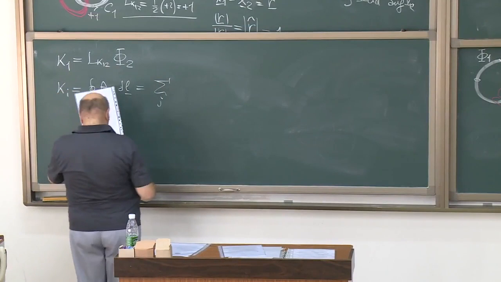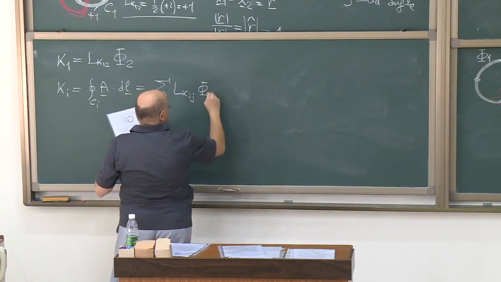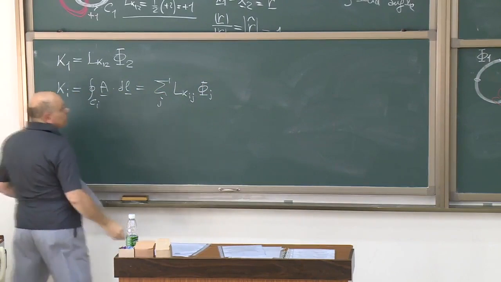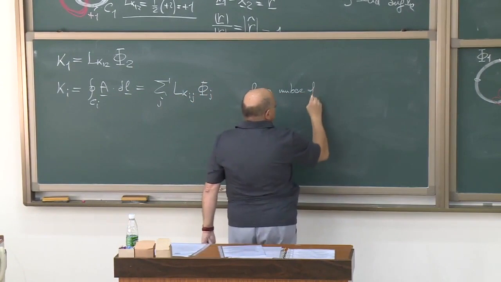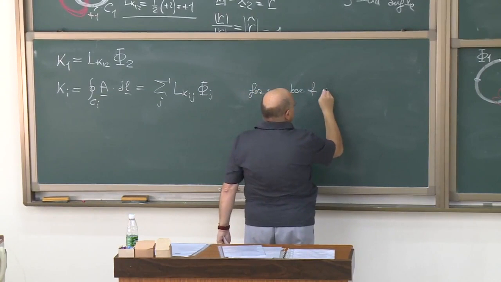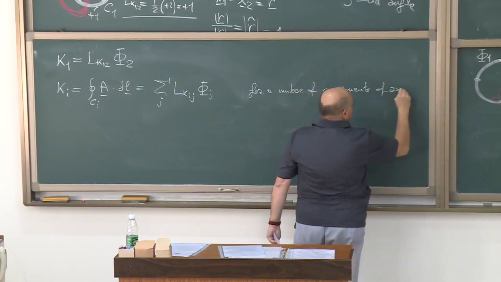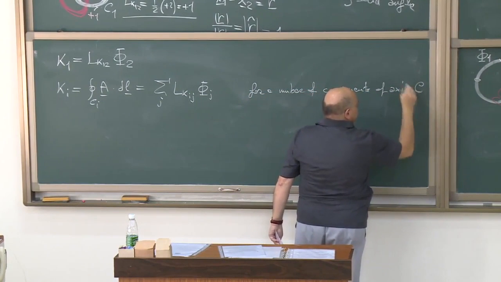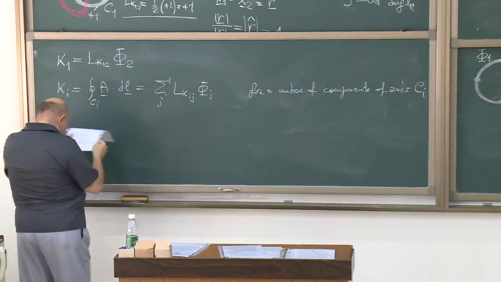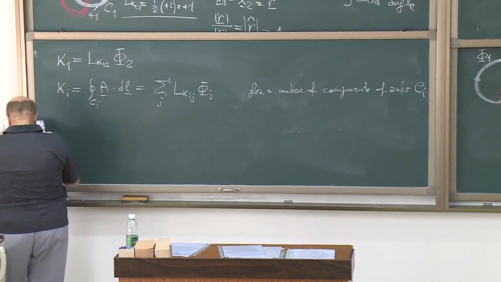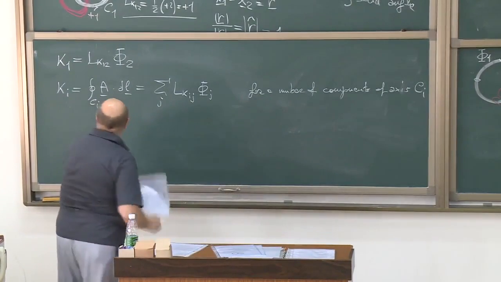So we have the sum over j of LKIJ times phi j, for a number of components of the axis CI. Okay. All right.